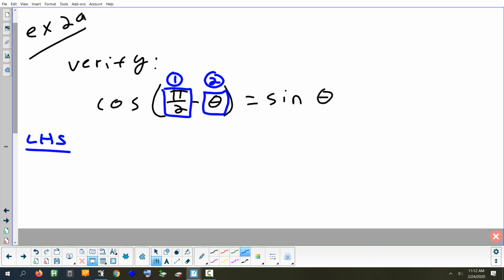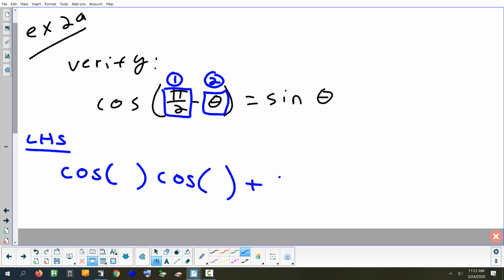How does the cosine difference formula start? What's the first trig function? Yeah, Zach? Cosine pi over 2. Yep, cosine. And you know what? Let's just write it all out. So we have a cosine. What's the next trig function? Cosine. Plus or minus right here?